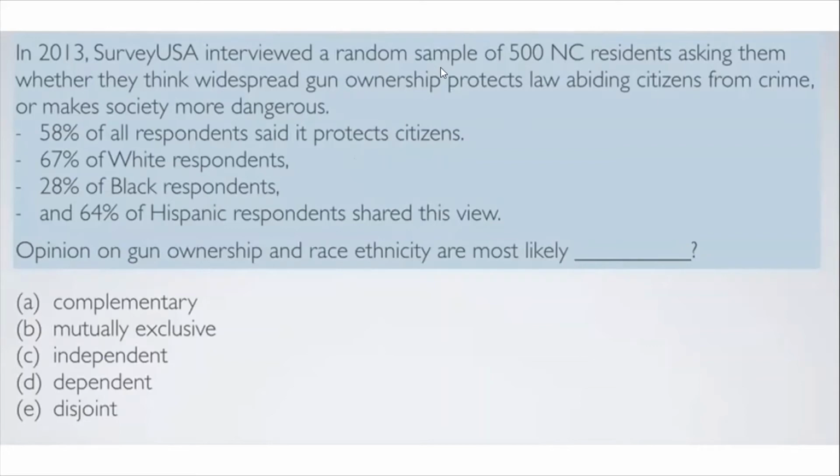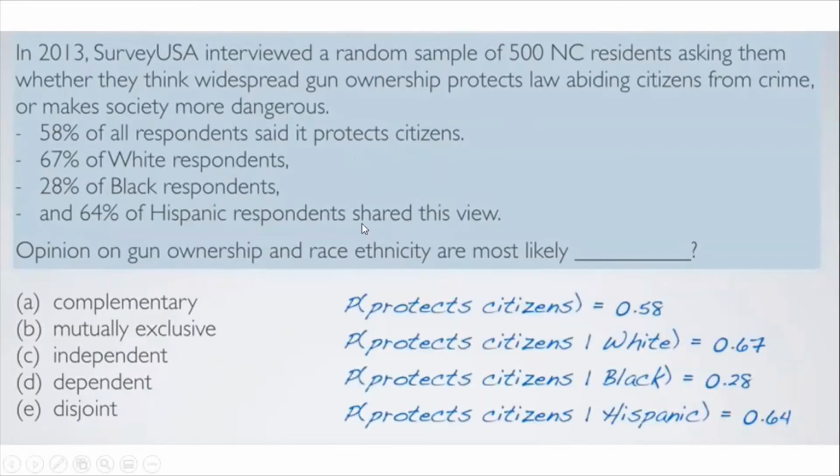Okay, I think everybody's here. So let's go forward. We can think like this, okay? Probability of protecting citizens, and probability of everybody thinking that it protects citizens. The probability that gun ownership protects citizens is 0.58.